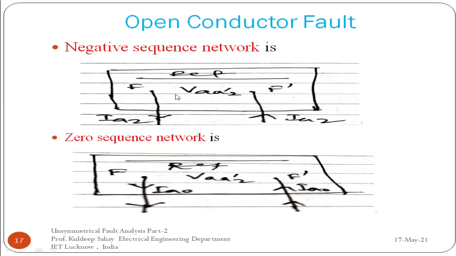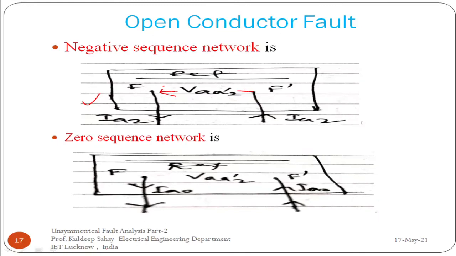There is a voltage across F and F dash, VAA dash 2, and the current flowing in this is the negative sequence current IA2.